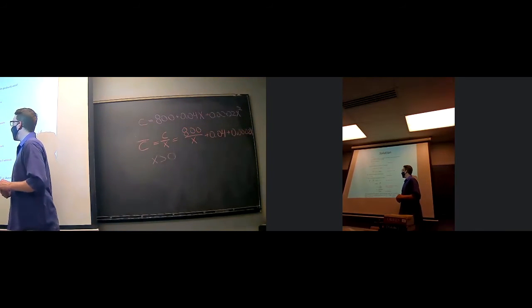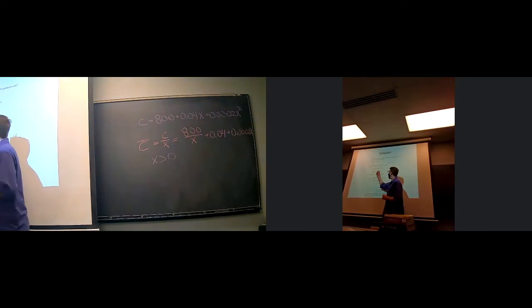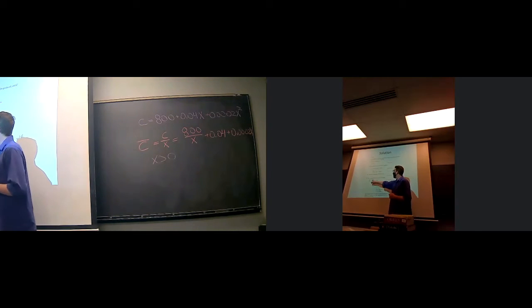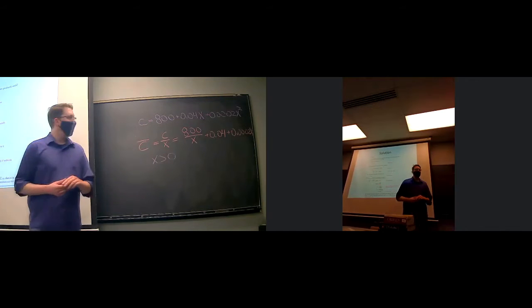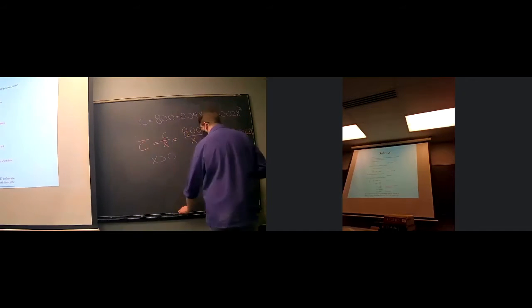Okay, so having said that, taking the derivative of both sides, we're going to get negative 800 divided by x squared plus 0.0002. That's the derivative here.